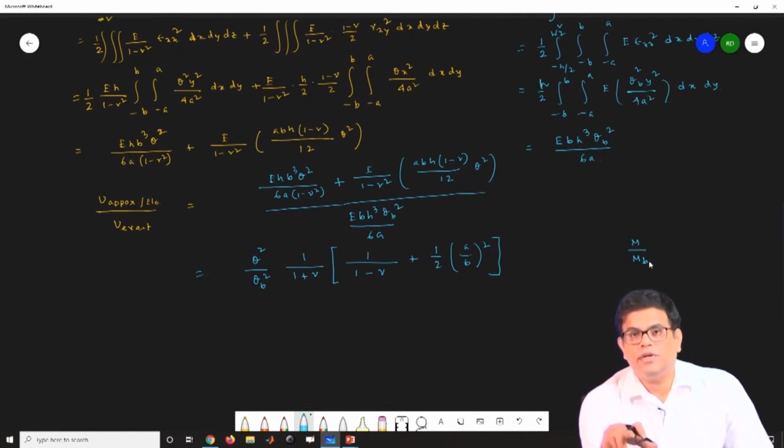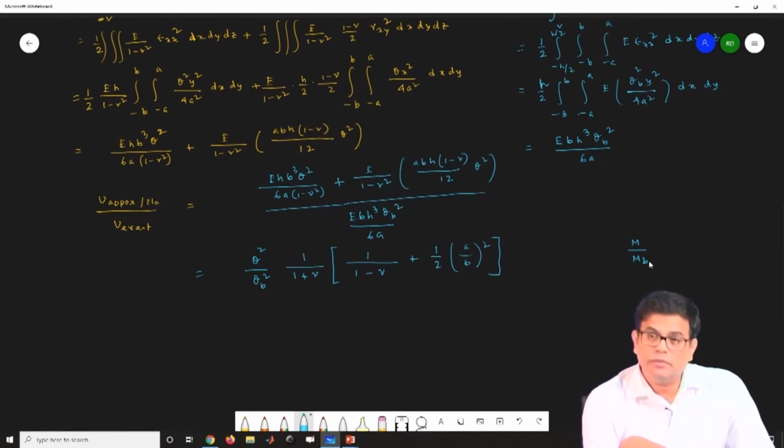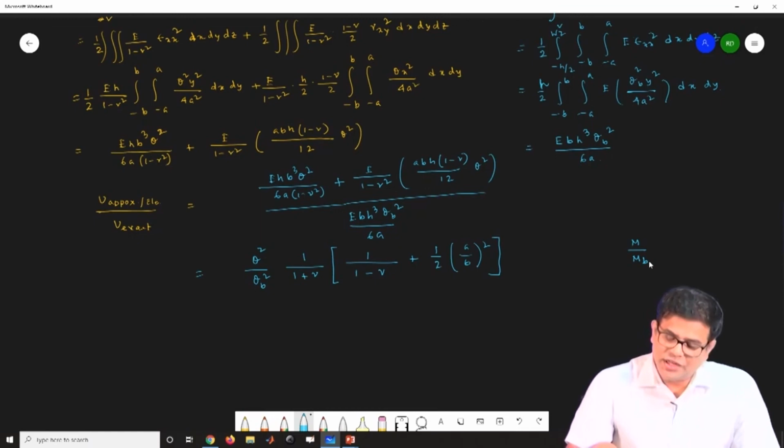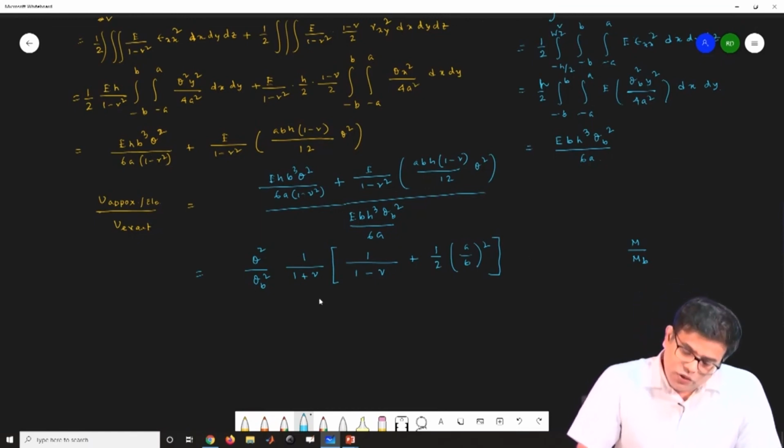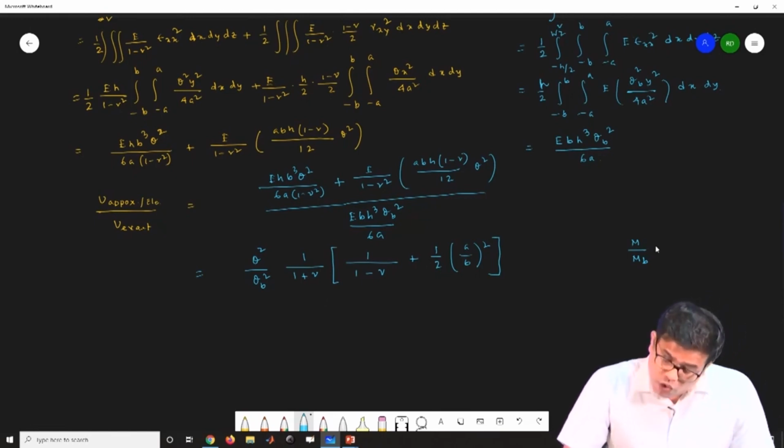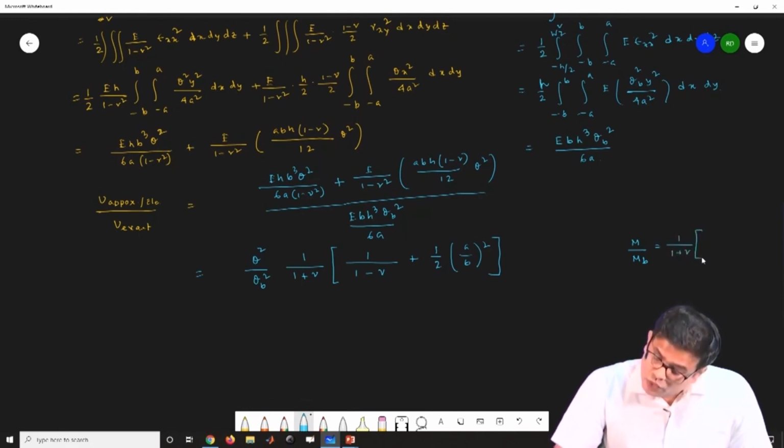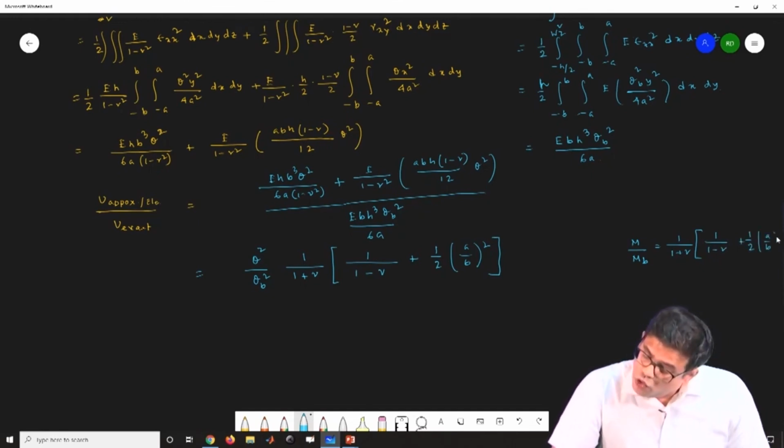Now if I keep my deformation the same, that is θ and θ_b equal, then in this ratio the moment should be given. So this M by M_b ratio is actually 1 by (1 plus ν) into [1 by (1 minus ν) plus half of (a by b) whole square].